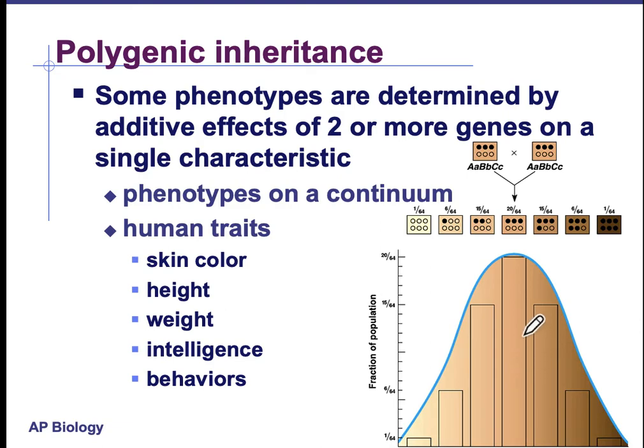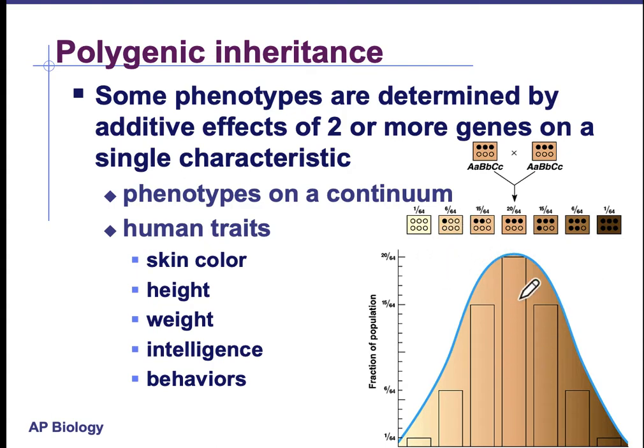You also have some gene expression that is determined by more than one gene. We call it polygenic inheritance, and it gives a reaction on a sliding scale. So basically, this curve shows how skin color changes based on the number of alleles that are activated.